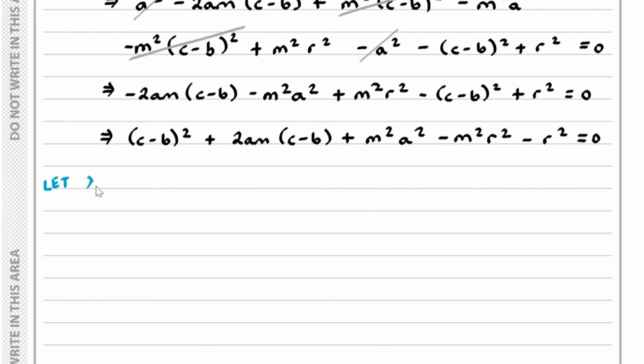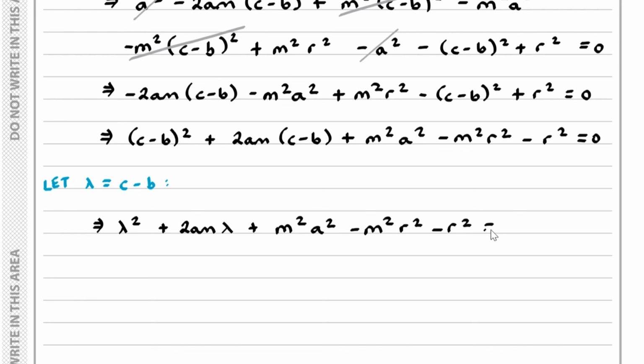If we let lambda equal c minus b, then we have lambda squared plus 2am lambda plus m squared a squared minus m squared r squared minus r squared equals 0.